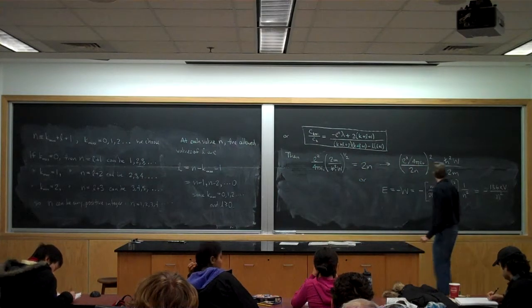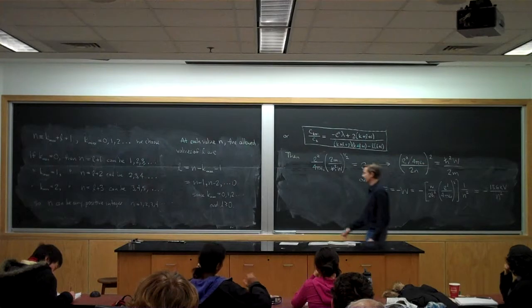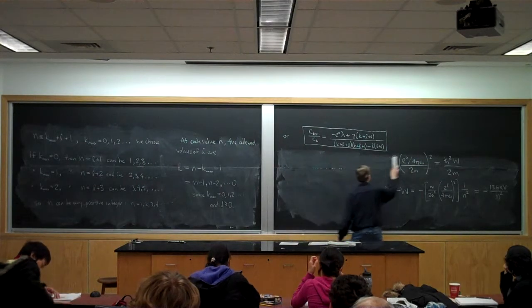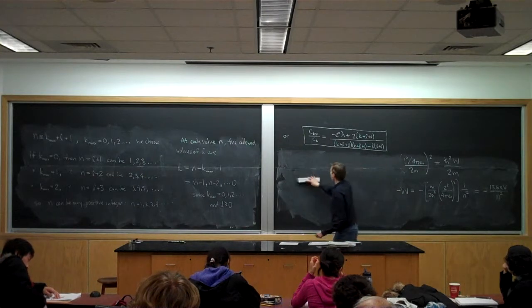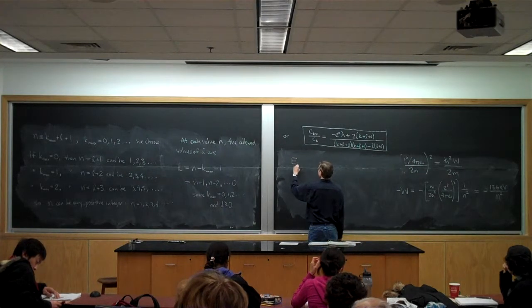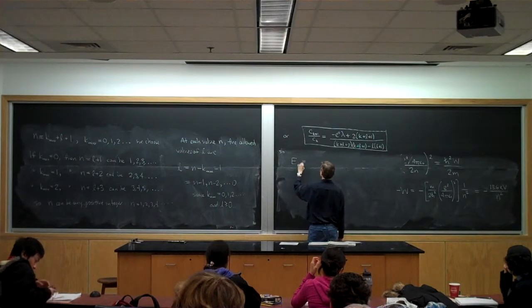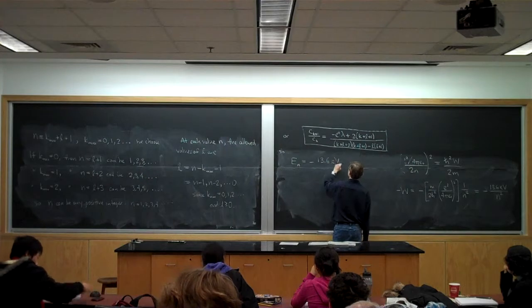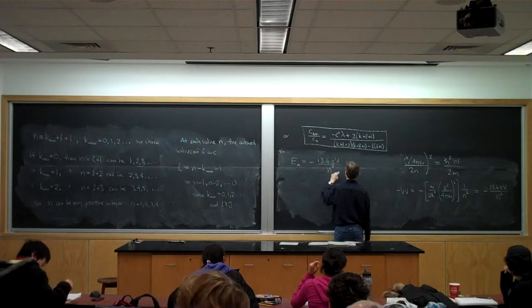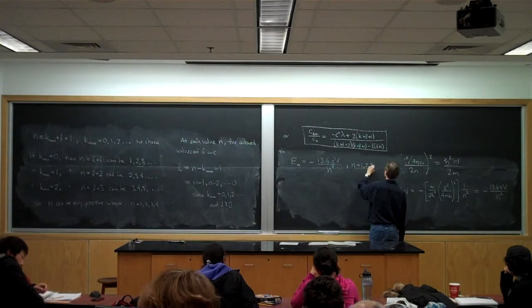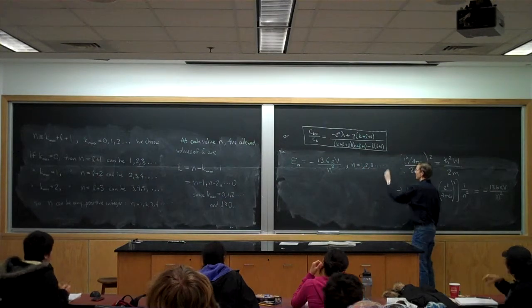And then that means our formula over here can be further embellished a little bit, where we say that E sub n is equal to minus 13.6 electron volts over n squared, where n is equal to 1, 2, 3, dot, dot, dot.